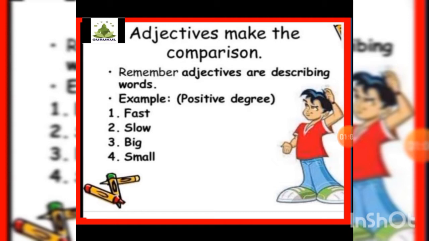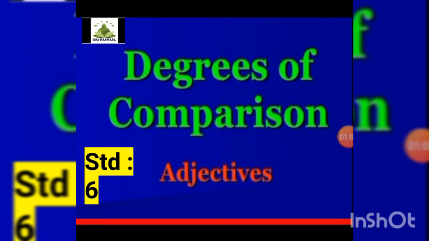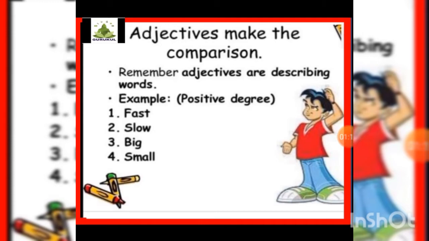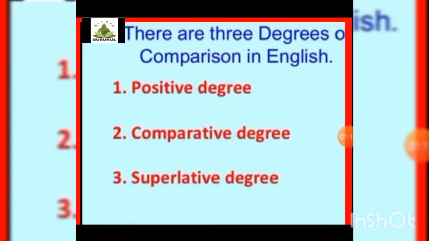So, they are known as degrees of comparison. Or we can also say that the form of an adjective can be changed to show the comparison of quality between one or more things. And this change in form is called the degree of comparison, or we can say comparison of adjective.